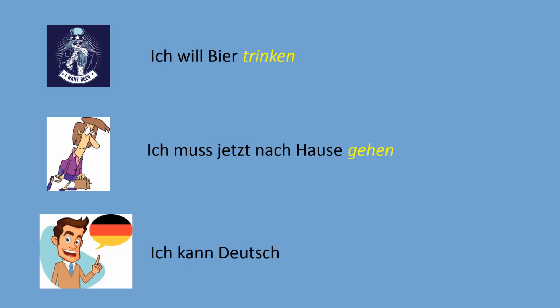Again, Deutsch, the capitalized word, is actually the name of the language. So what you can do with a language is to speak it. That's why we may use the verb sprechen at the end. But again, for all these sentences, we may omit the main verbs and use only modal verbs. Still, in our mind, we complete the sentences with corresponding main verbs.